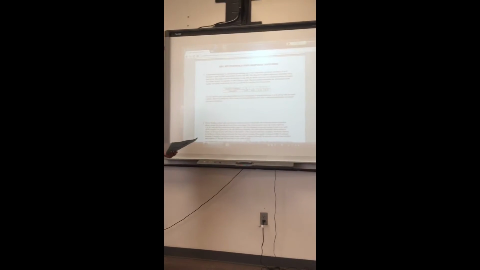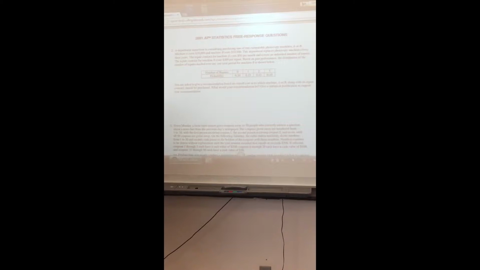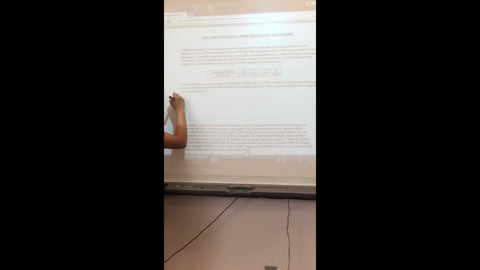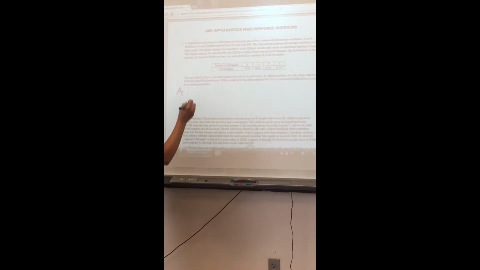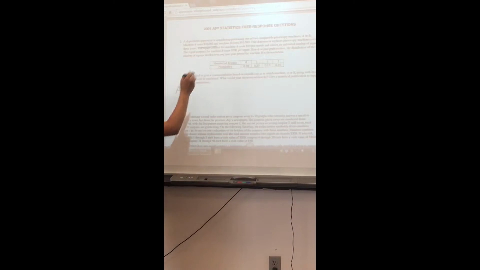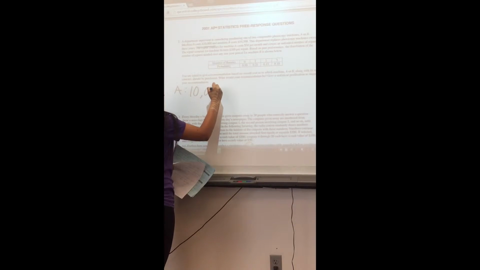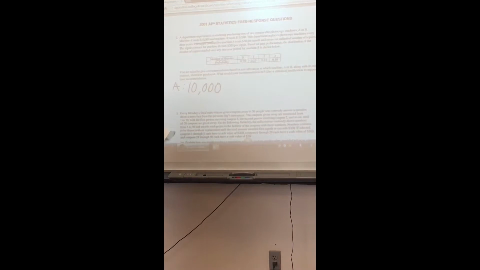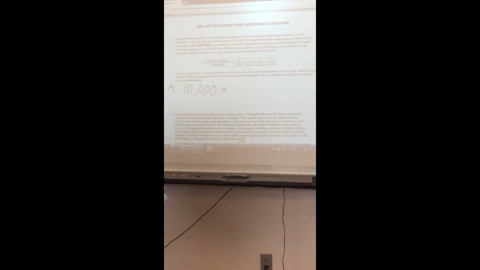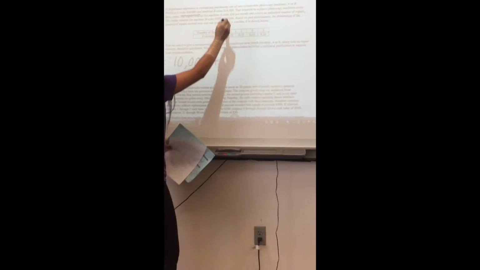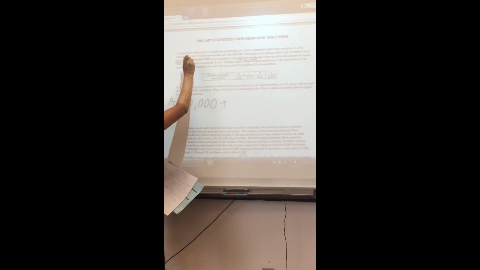Okay, first you need to find the total cost for 3 years for each machine. So for machine A, you would find that out by the whole cost of the machine, which is $10,000, and you would want to add that to the contract, which costs $50 per month and covers unlimited repairs for 3 years.